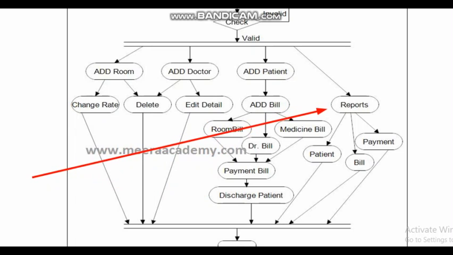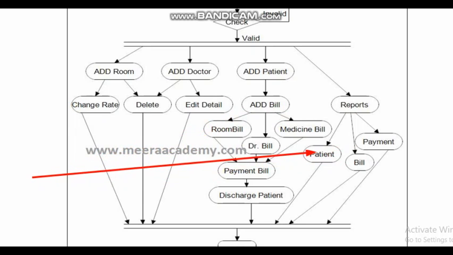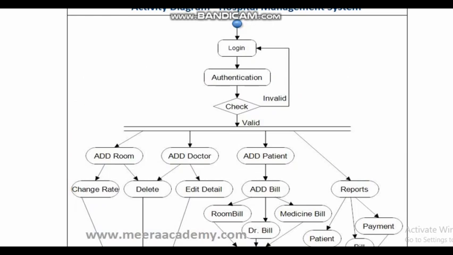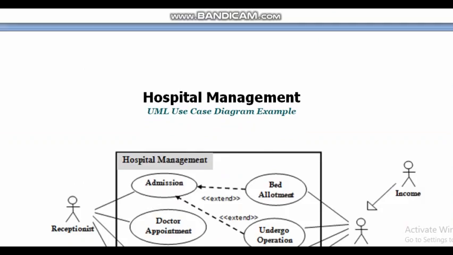Then the hospital also maintains a few reports like patient details, billing details, and payment details. So this is a small activity diagram which indicates the overall activities carried out in the hospital management system. This type of diagram is called an activity diagram.